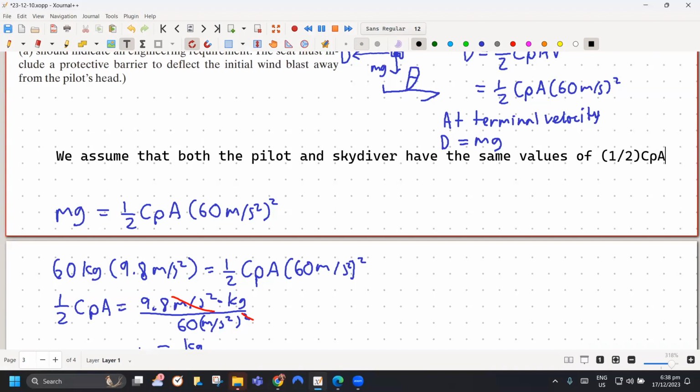Okay, now consider the skydiver at terminal velocity. So mg is equal to 1/2 C rho A times V squared.